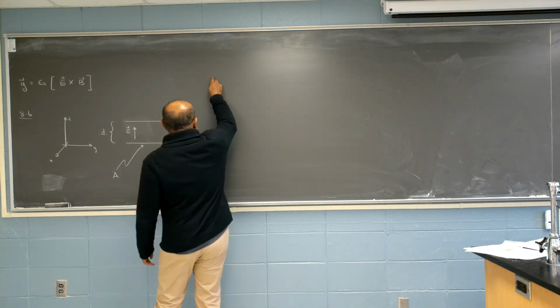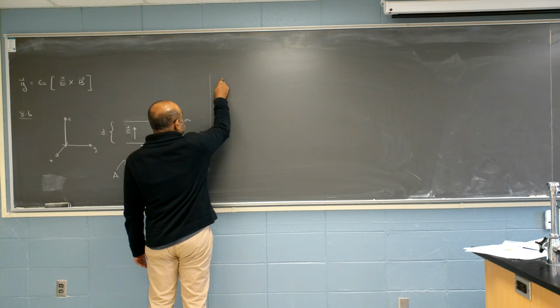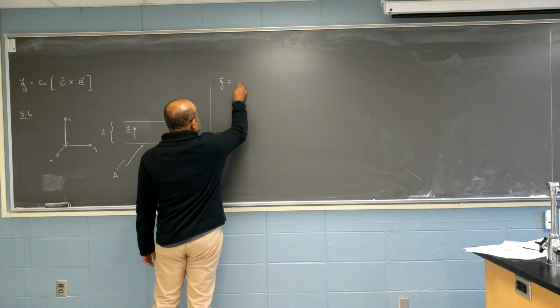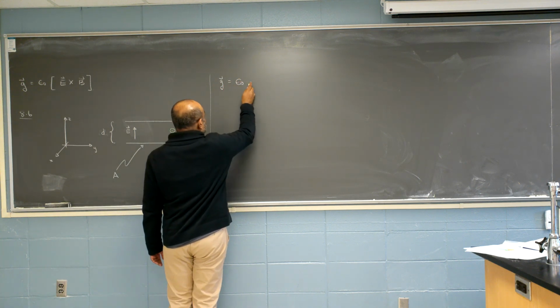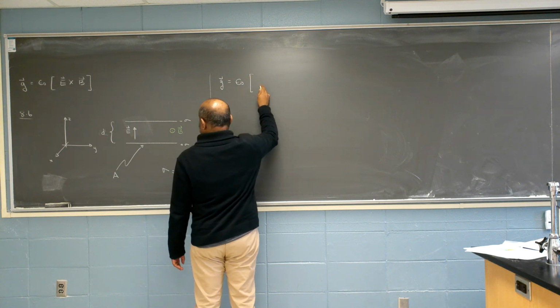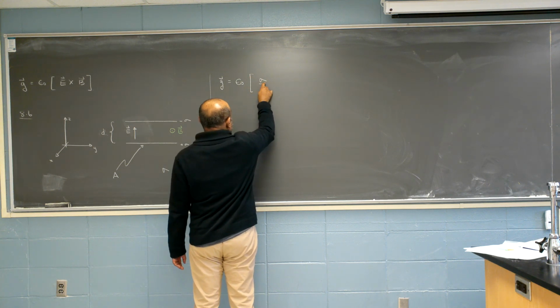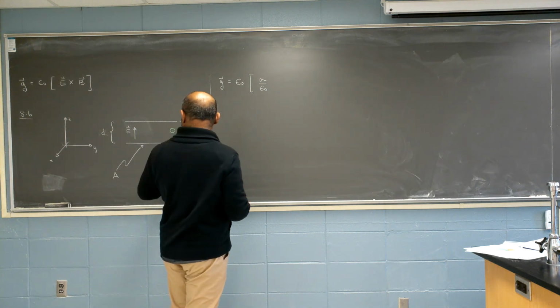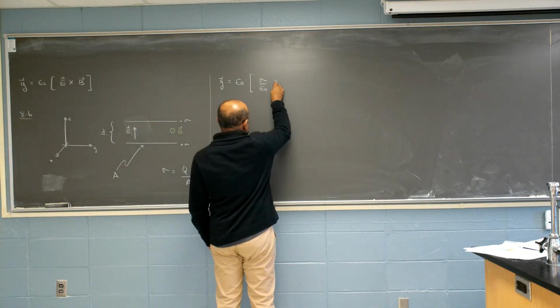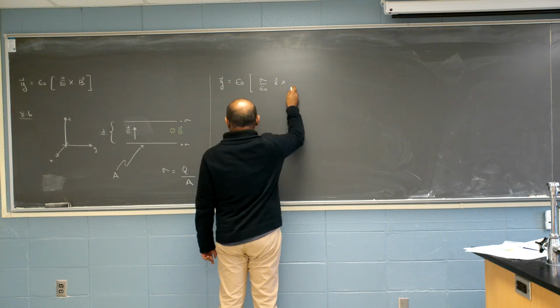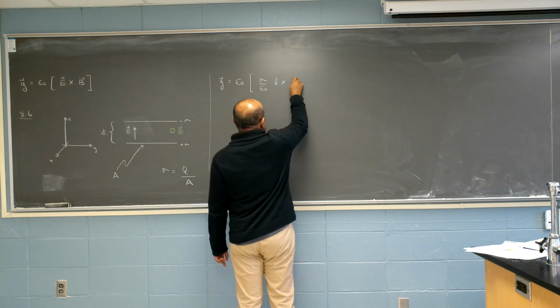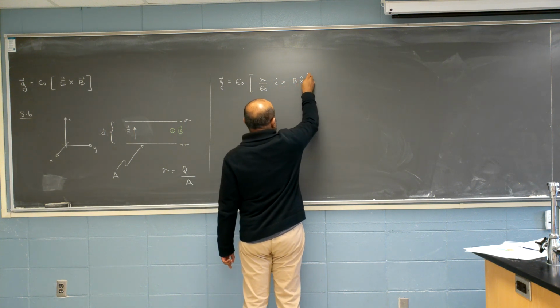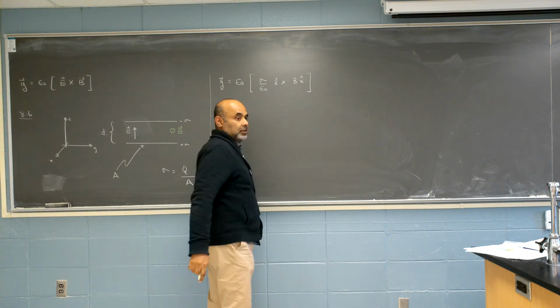So what is the momentum density? Density is epsilon naught, sigma over epsilon naught, that's the electric field, right? And it is in the z hat direction cross B in the x hat direction.